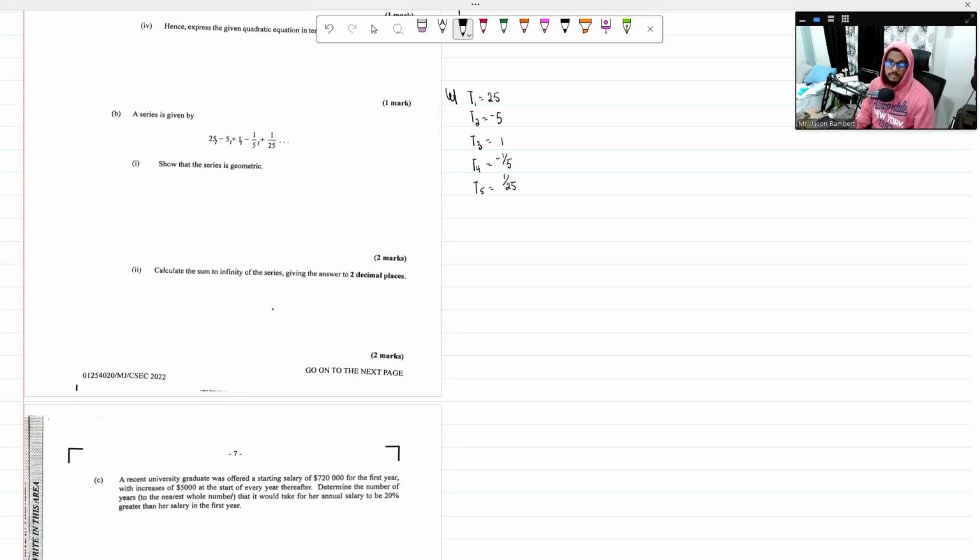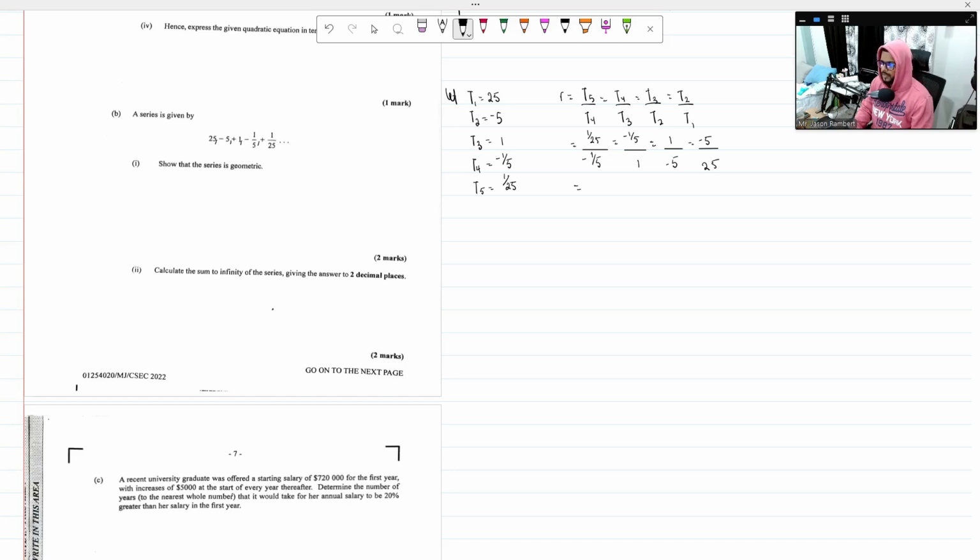Now I go over it. r is equal to T5 over T4, T4 over T3, T3 over T2, T2 over T1. 1 over 25 divided by -1/5, sorry. -1/5 over 1. 1 over -5. -5 over 25.